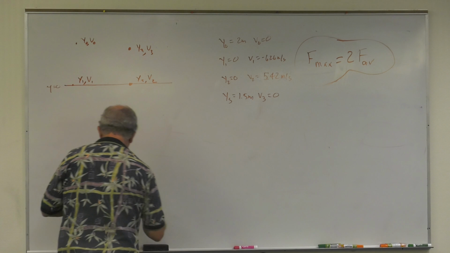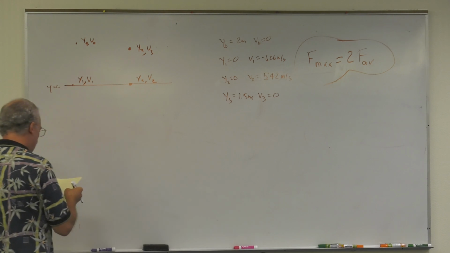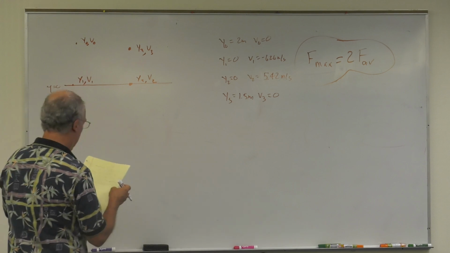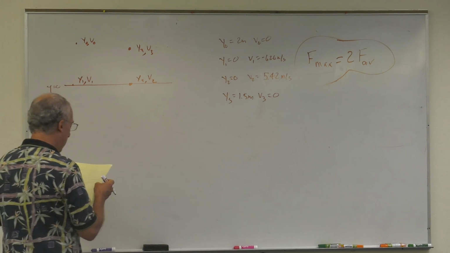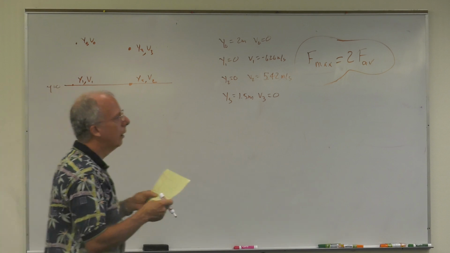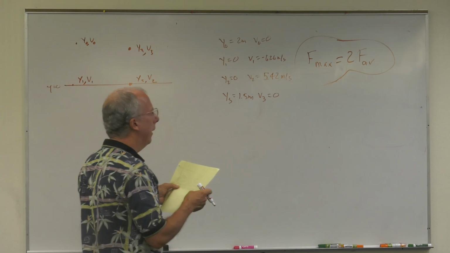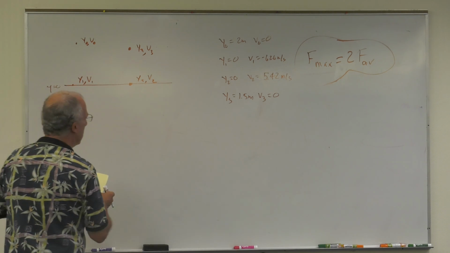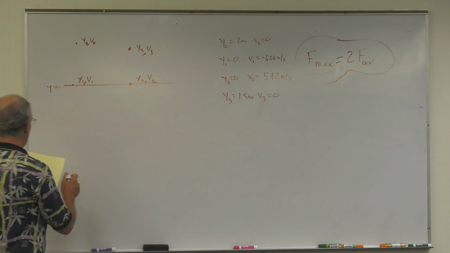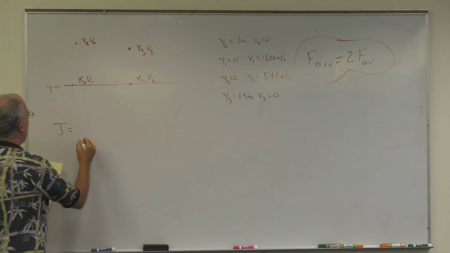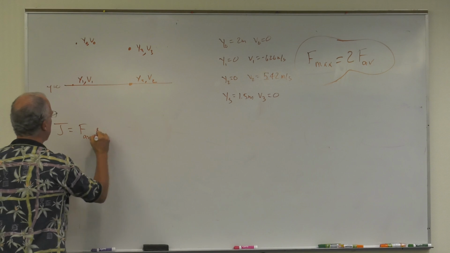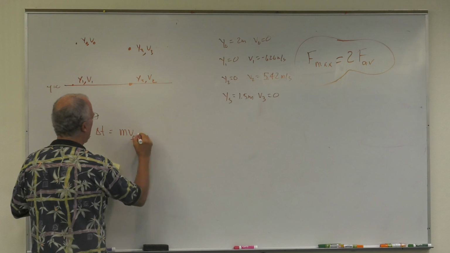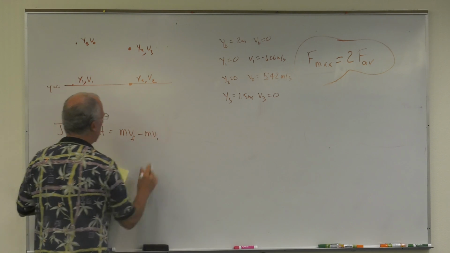Now, what do we want? We want F max. Let's just do it. J equals F average delta t, which is m v final minus m v initial.